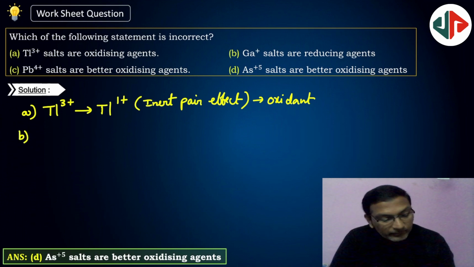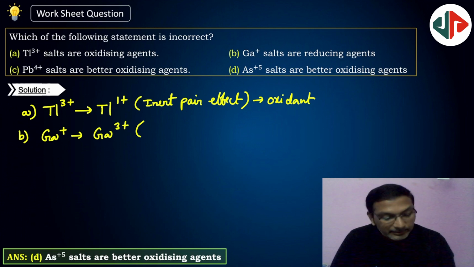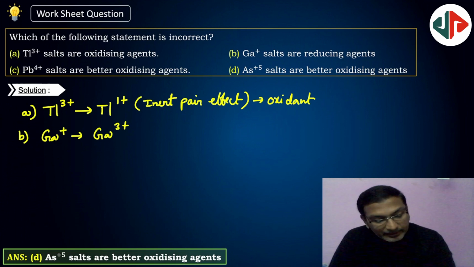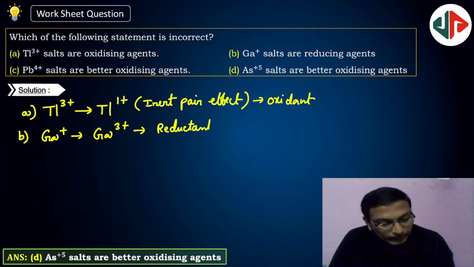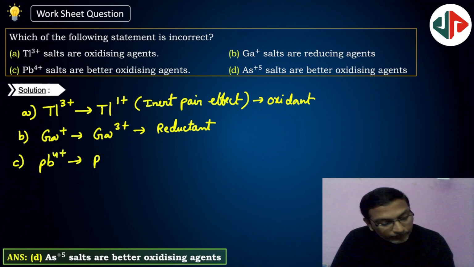Option B. Ga plus 1 changes to Ga 3 plus. So plus 1 to plus 3 means oxidation. Therefore, that will be reductant. Next C. Pb plus 4 changes to Pb plus 2 due to inert pair effect.